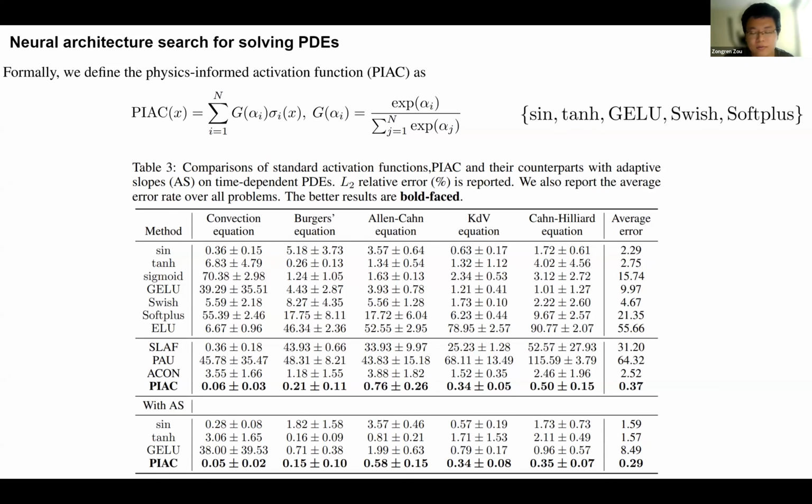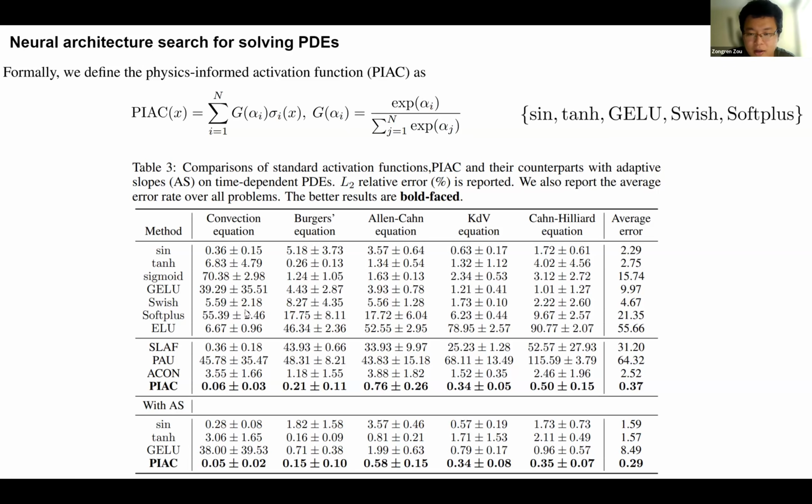And unlike DARTS, where in the end these operations are pruned to maybe just one activation function, they keep them all.